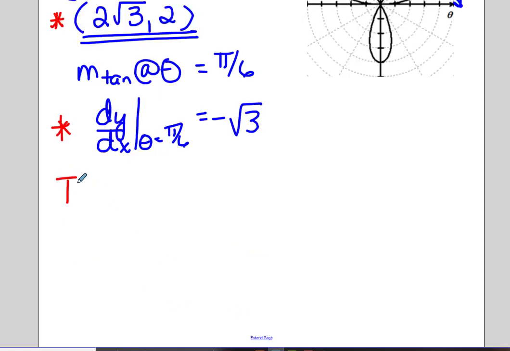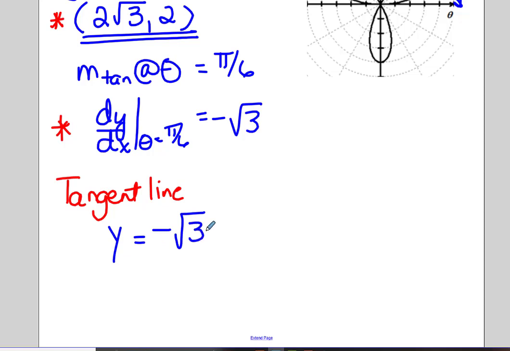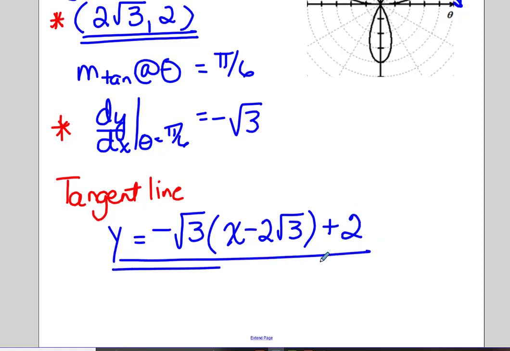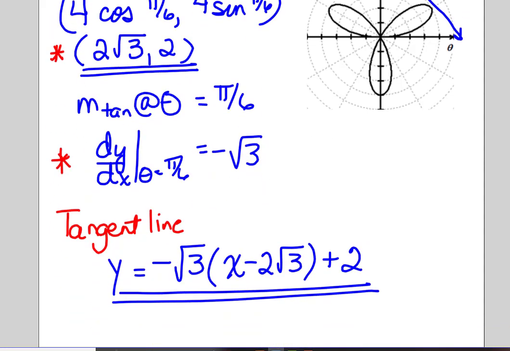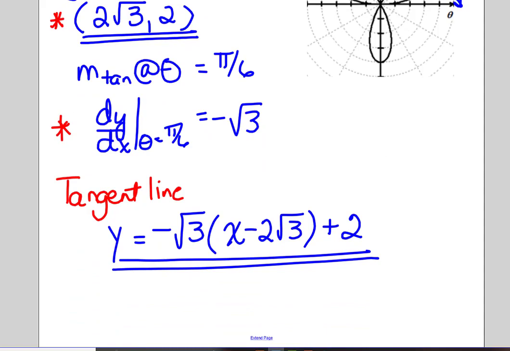So our tangent line is going to be y equals negative square root of 3 times x minus our x sub 1, plus our y value. So we have all of that, and that finds us at the end of lesson 5. One more lesson to go.